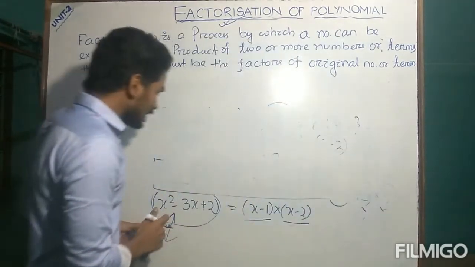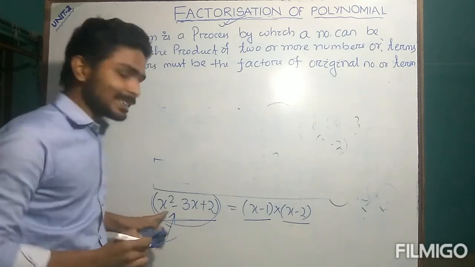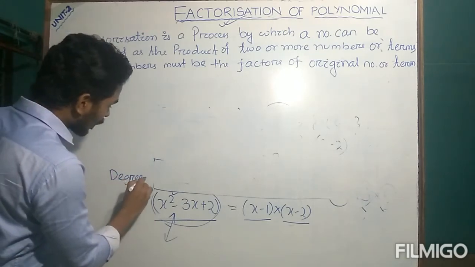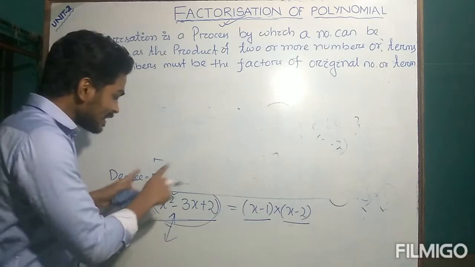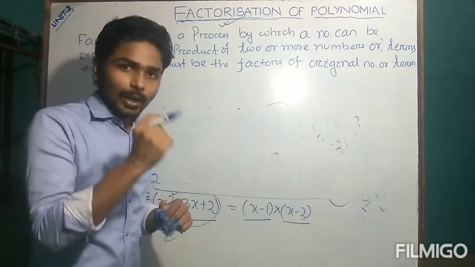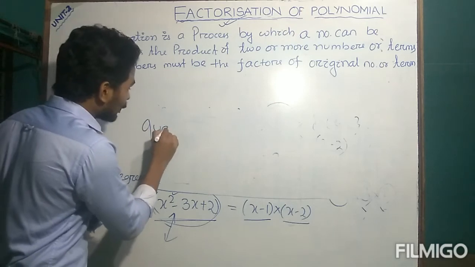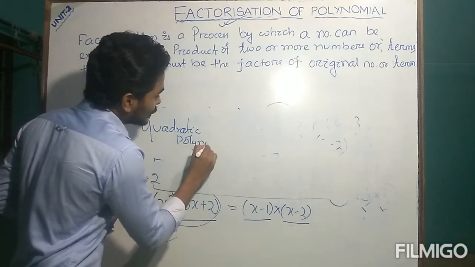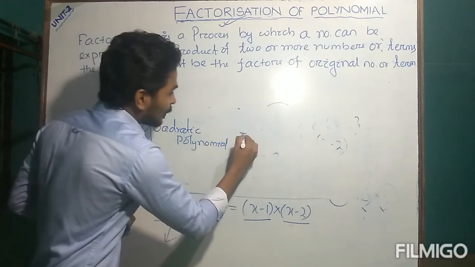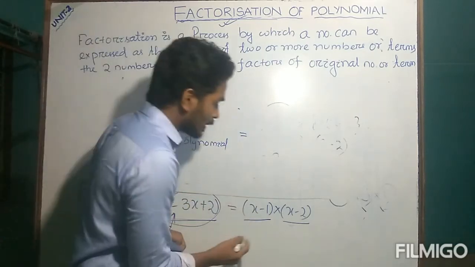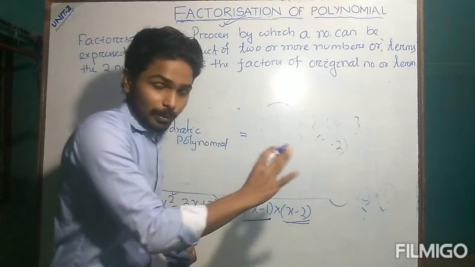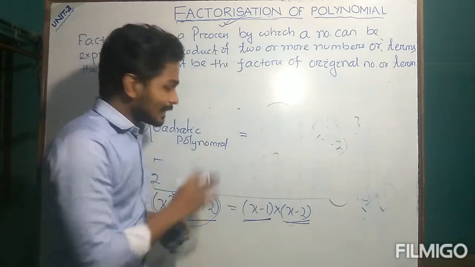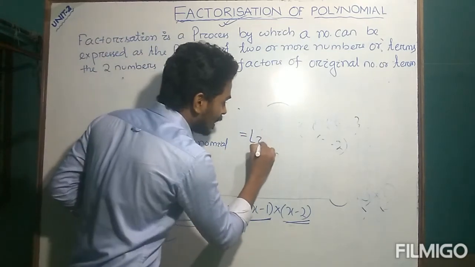Now, this is a polynomial of how many degrees? Since the highest power is 2, it has degree 2, so this type of polynomial is named a quadratic polynomial. It is equal to this polynomial into another polynomial. First, this one has degree 1, so it is a linear polynomial.